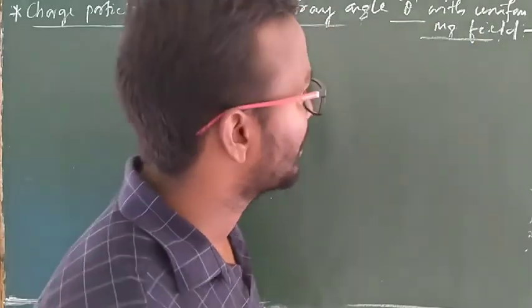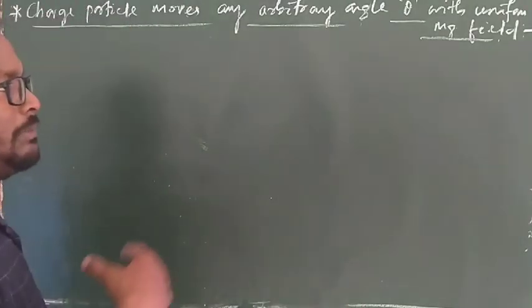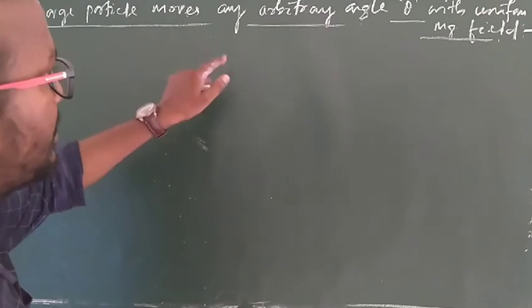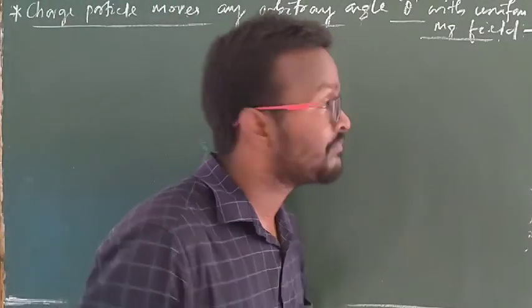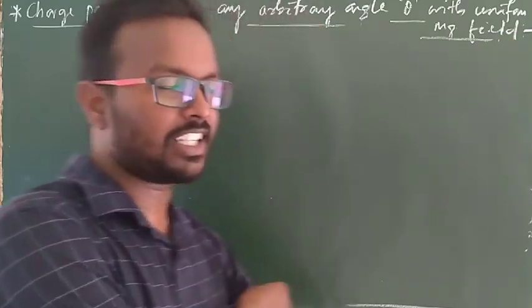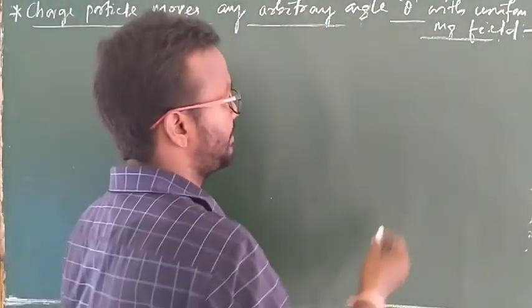Now we have to determine the path of the charged particle if it moves at any arbitrary angle with the direction of a uniform magnetic field.